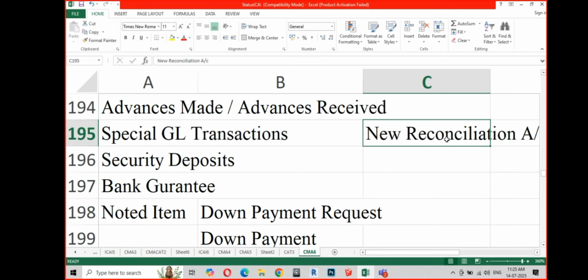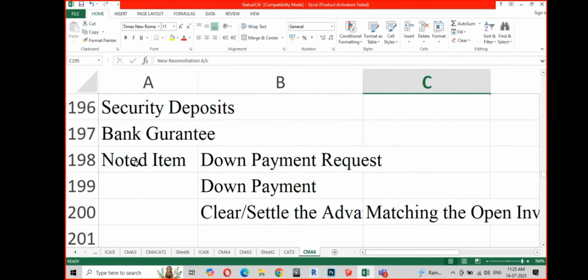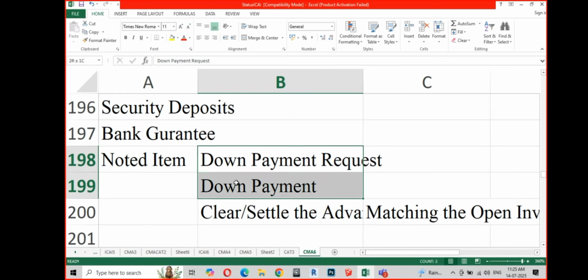So let us take advances received or advances made, and how they are treated by the SAP system. First and foremost, this transaction is called a noted item. It has 3 steps. First of all, just like you're requesting for the advances, you have this created in the SAP system as a noted item. So what does this indicate?